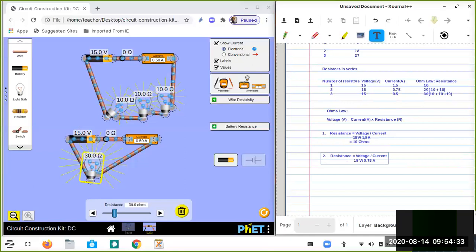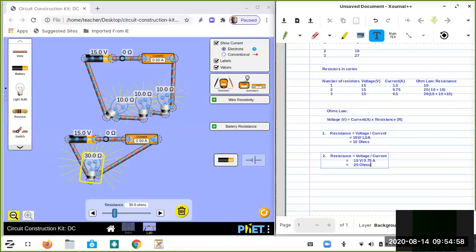So when we divide that, 15 divided by 0.75, we come up with 20 ohms. Again, ohms. So the more resistors you connect in series, the higher the resistance.